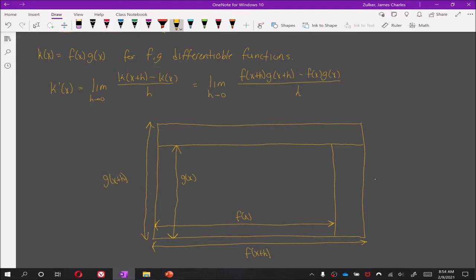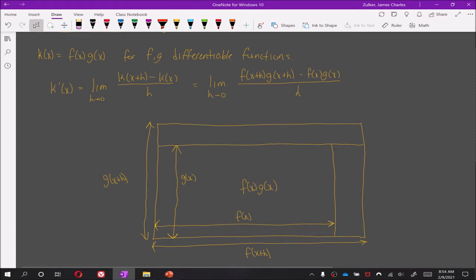So this area in here is f of x times g of x. What is this area? We want to find the area of this top rectangle.